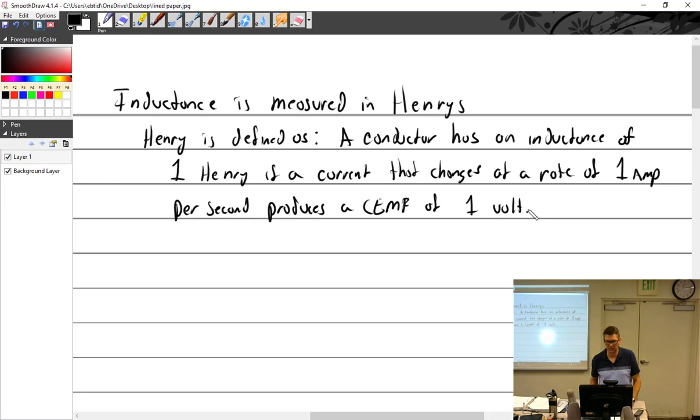So if current changes at a rate of 1 amp per second, 2 amps, 3 amps, 4 amps, 5 amps, it produces a counter EMF in this inductor of 1 volt. It's said to have 1 Henry.